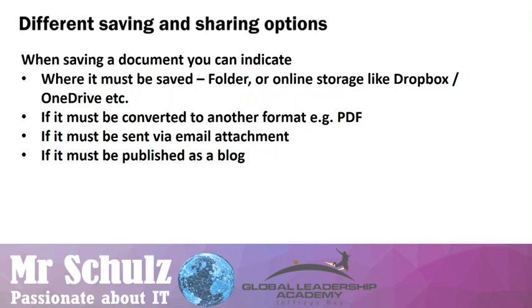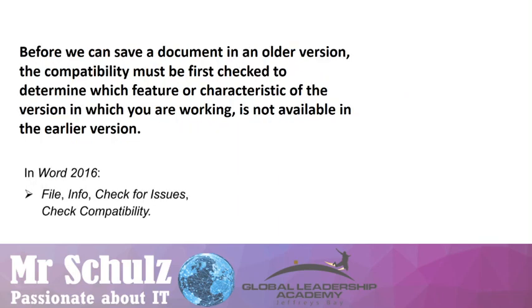You can imagine that if newer versions have new features added to it, but if you now save it as an older version, those features are not available in those versions. So you have to check to determine which feature or characteristics of the version in which you are working is not available in the earlier version, and you can do that with the compatibility checker.